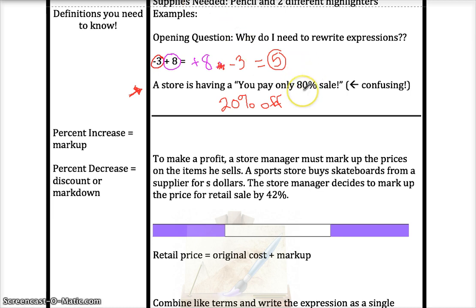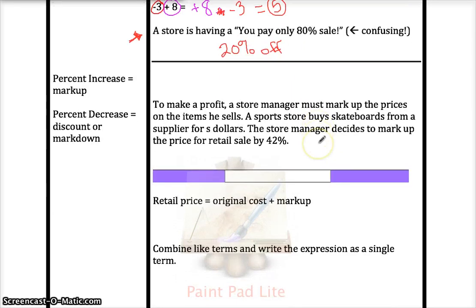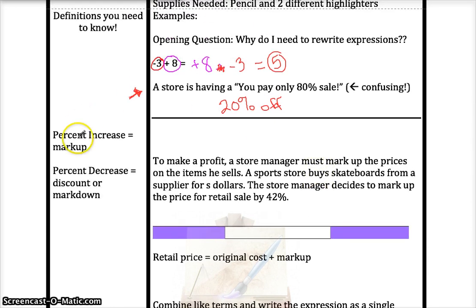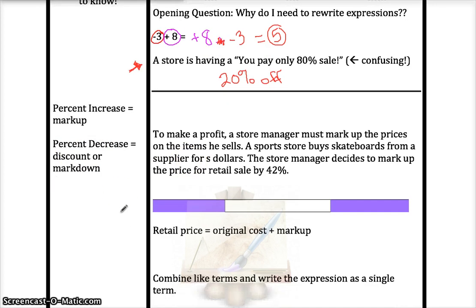So your definitions that you need to know for this lesson aren't truly definitions, they're just more so reminders. Percent increase is also known as a markup, and a decrease is also known as a discount or markdown.